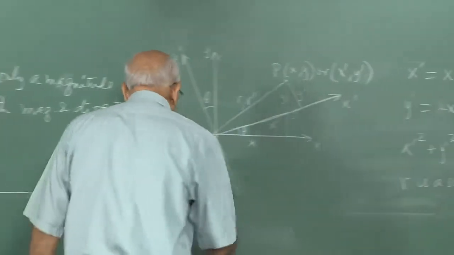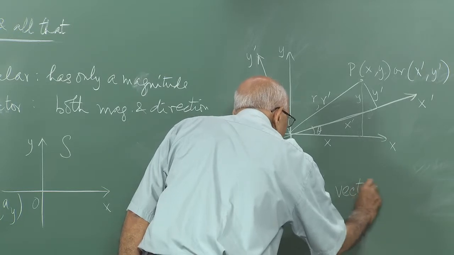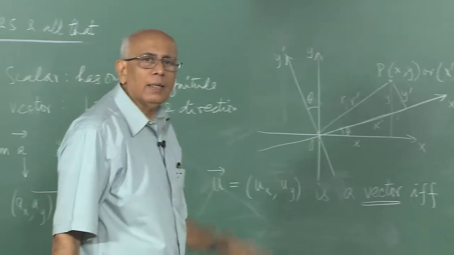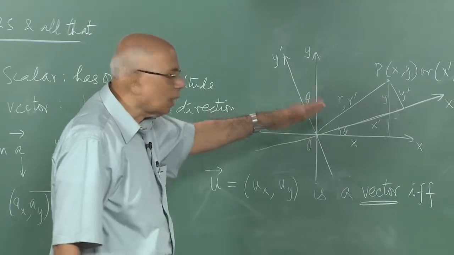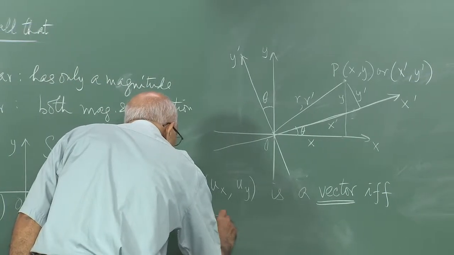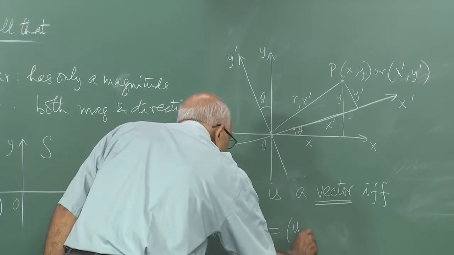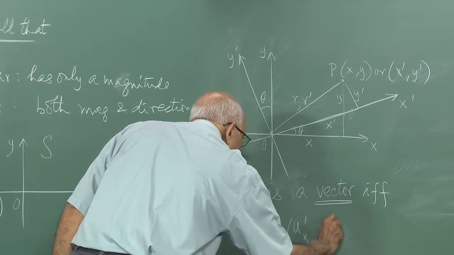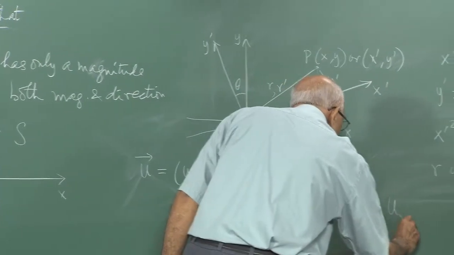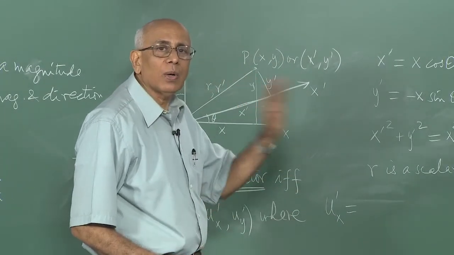So this is a vector if and only if under a rotation of the coordinate axis through some arbitrary angle theta, u goes to u prime, which is equal to (ux prime, uy prime), where ux prime must transform exactly like the corresponding component of the coordinate itself.